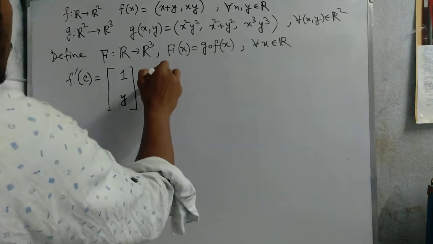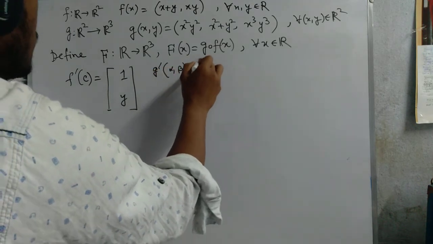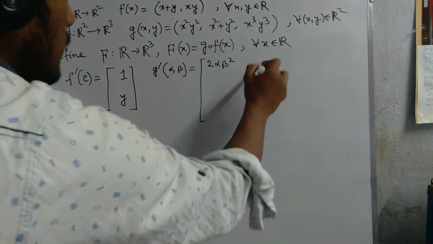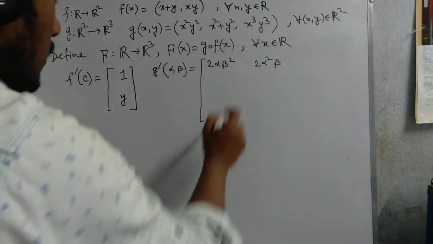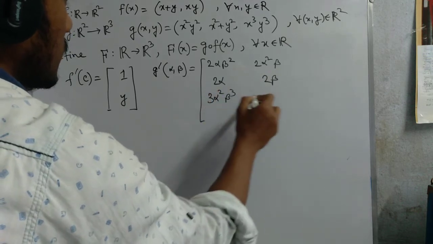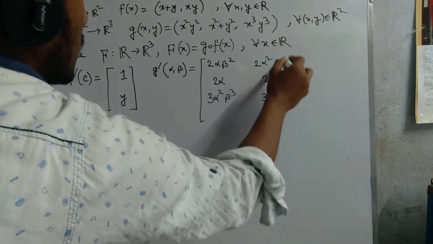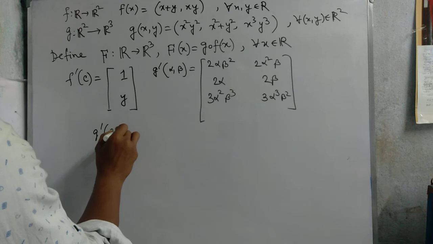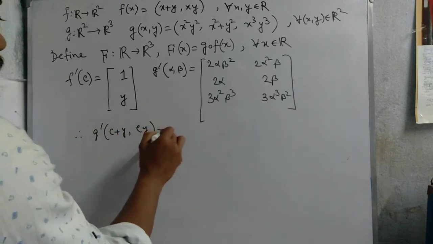Then g′(α,β) = [[2αβ², 2α²β], [2α, 2β], [3α²β³, 3α³β²]]. Now we write g′(c + y, cy) equal to how much?